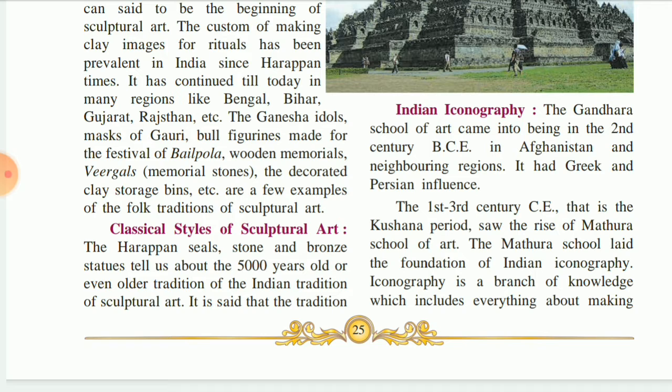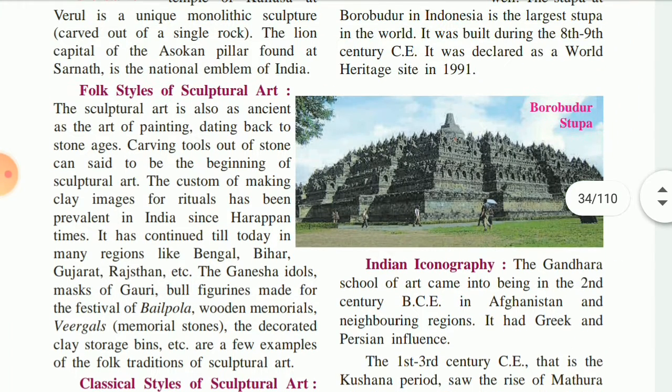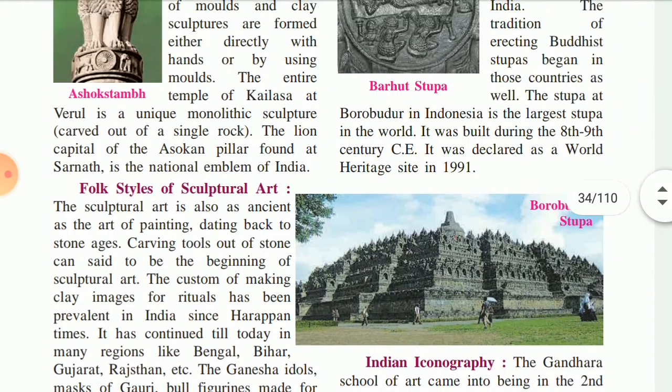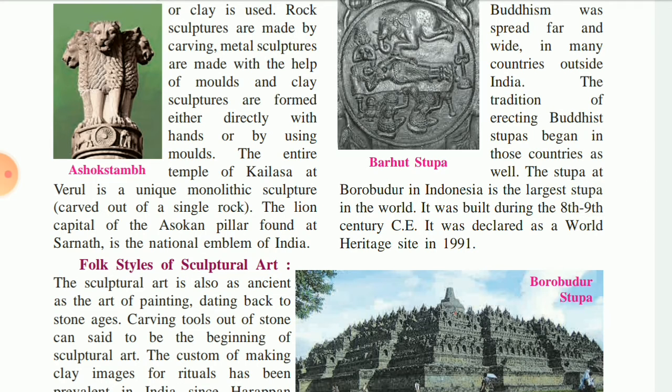Then we have seen the classical style of sculptural art, and in this I have already told you that in the classical style skill work is important. It has to be very well depicted. So here we had seen the stupa of Sanchi, which was erected by Samrat Ashoka, not Lord Ashoka.